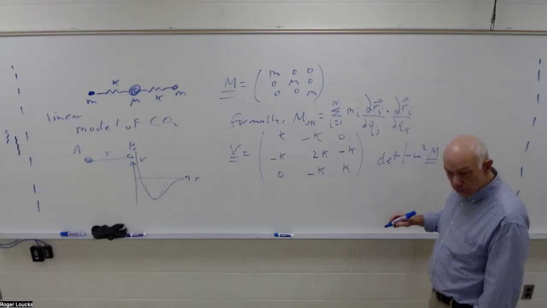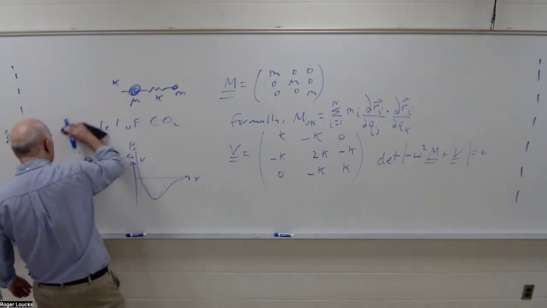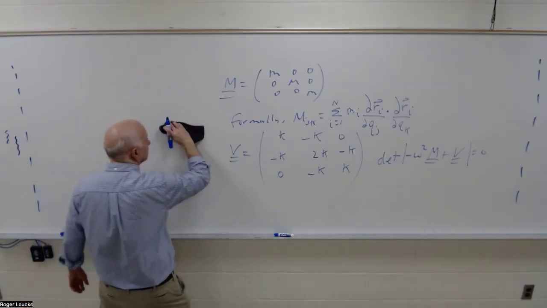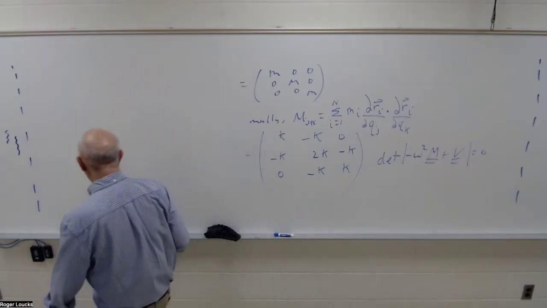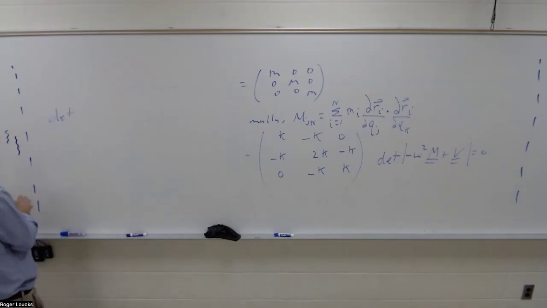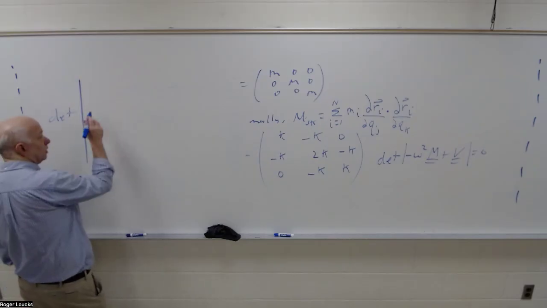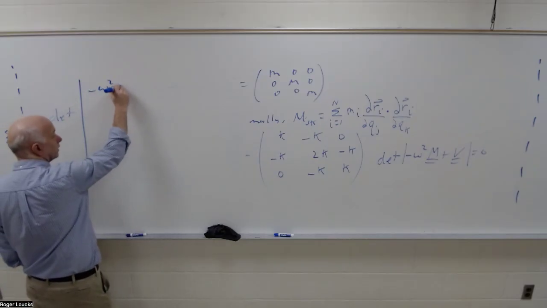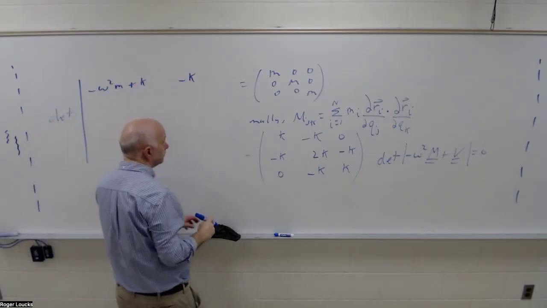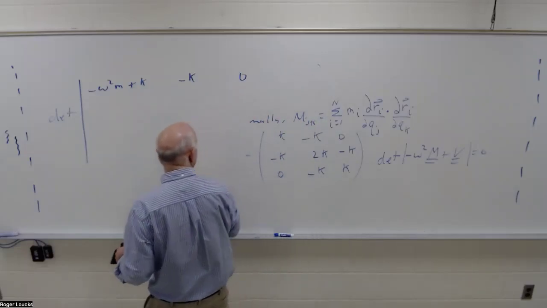Then we set up our little handy dandy determinant and set it to 0, and we ended up getting our omegas here. I'll set it up again. So if you do that, you get minus omega squared little m plus K, minus K, 0.